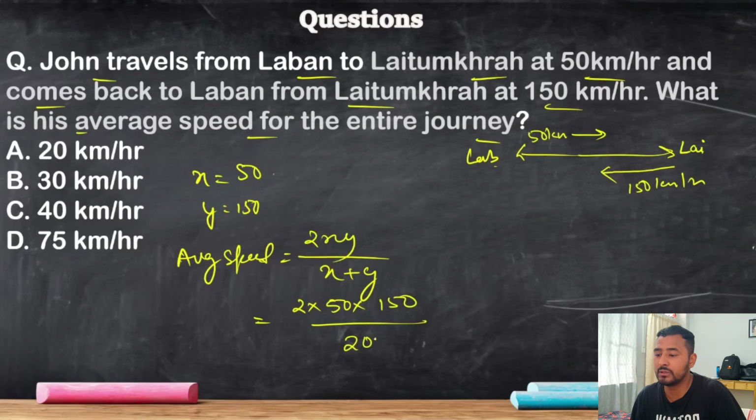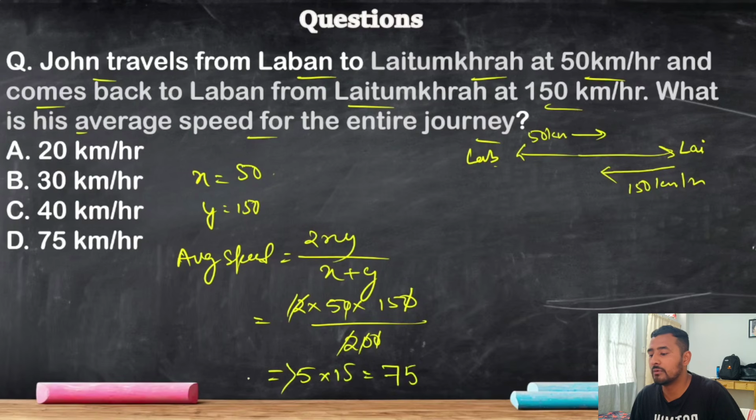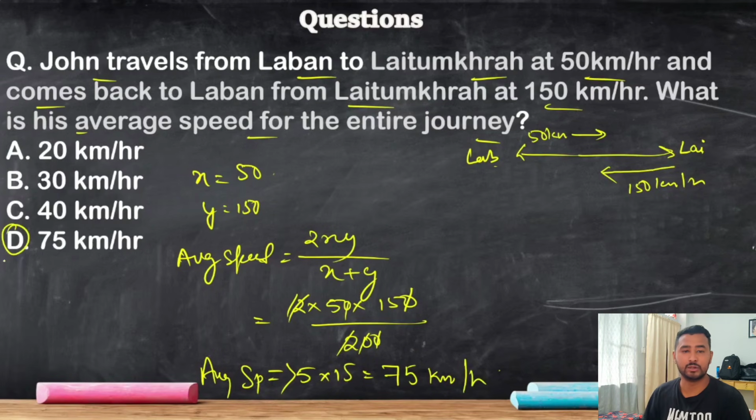I'll just do it directly. x plus y means 50 plus 150 is 200. Now cancel the 0s, 0, 0 gets cancelled, 2, 2 gets cancelled. 5 into 15 will be how much? 5 into 15 will be equal to 75, right? So our average speed is 75 km per hour. So the answer will be option number D. I hope this is clear.